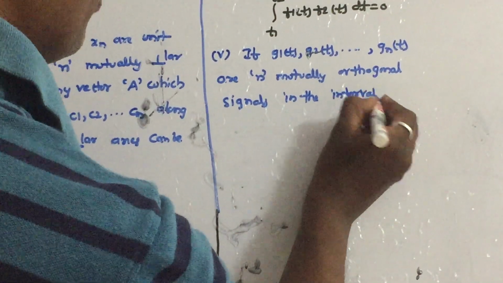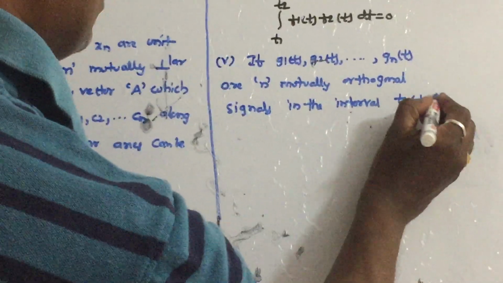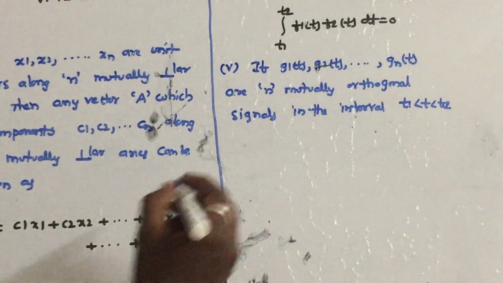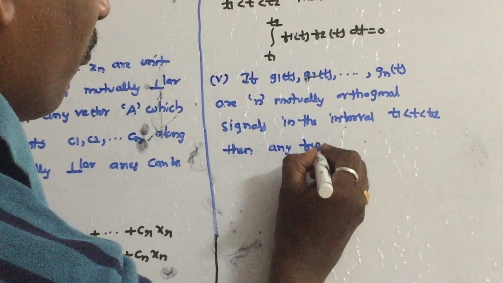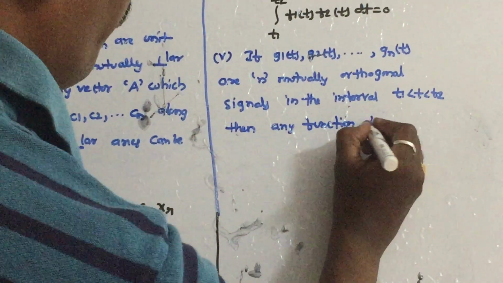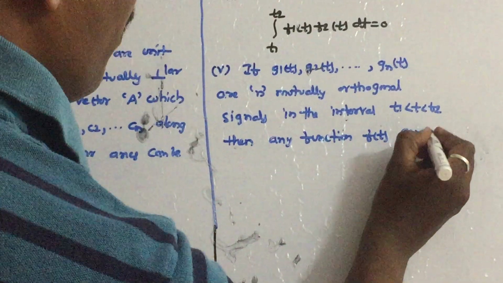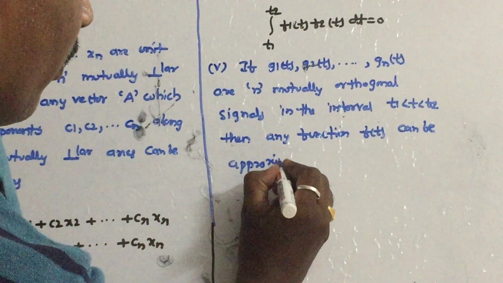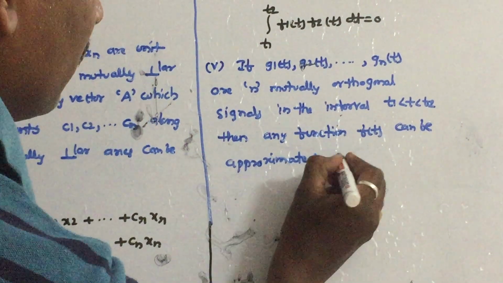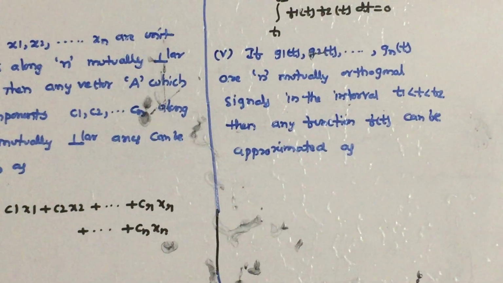In the interval t1 less than t less than t2, then any function f of t can be approximated as, how to approximate f of t?